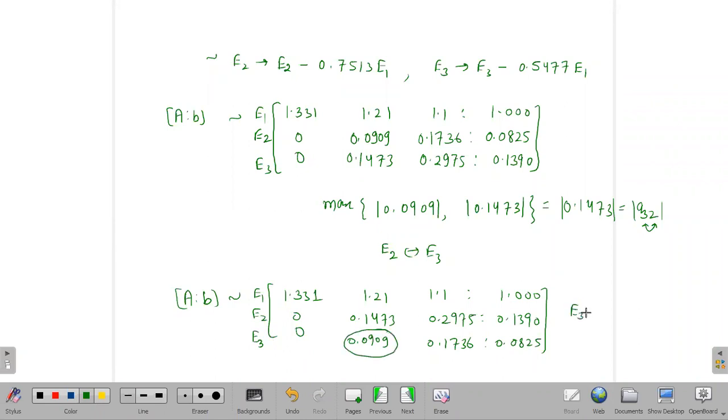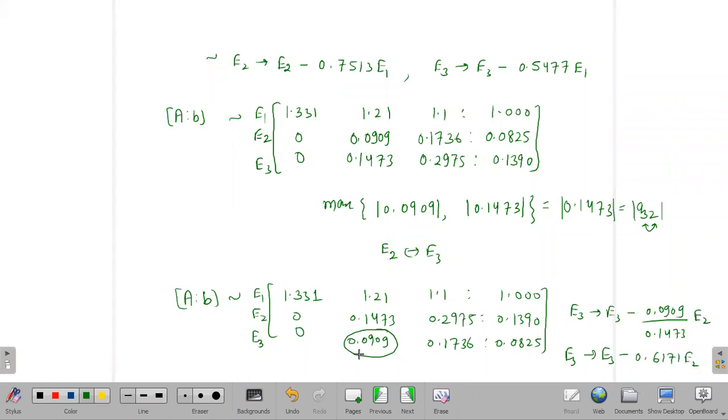So I will use the operation E3 minus 0.0909 divided by 0.1473 into E2. If I take 4 digits only, it will be 0.6171.